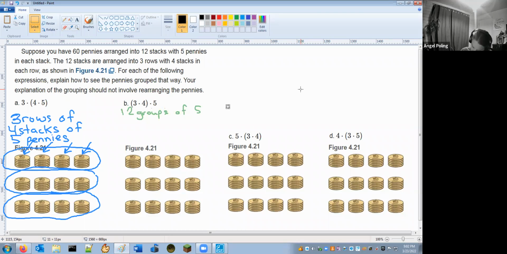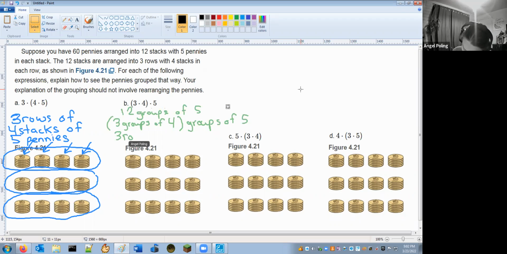So this time around, our 12 groups are the stacks themselves, right? So again, we need to look at what 3 groups of 4 means, right? So we have 3 groups of 4 groups of 5.